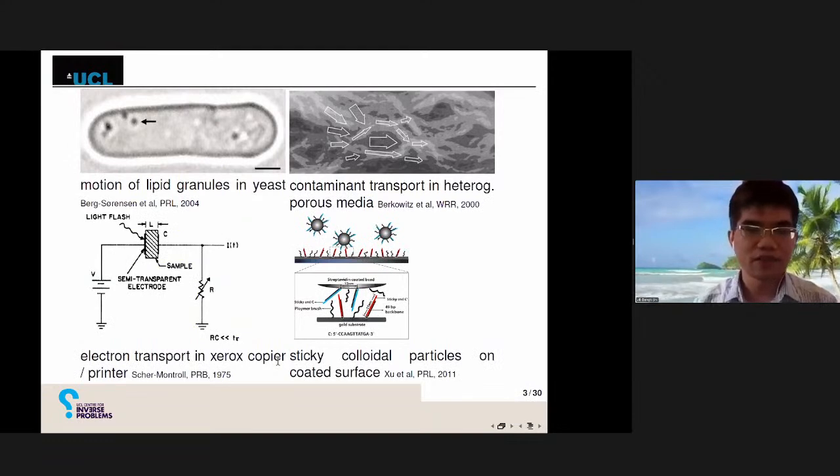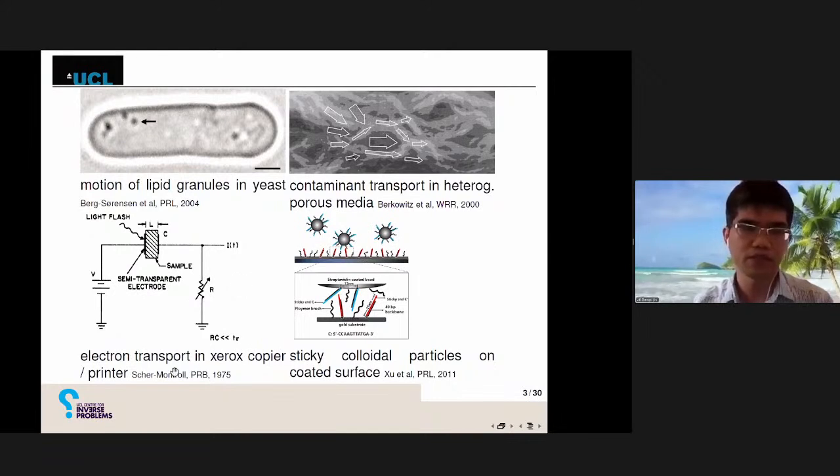Actually, I do not need to show the slides because everyone here knows that it is now widely accepted that time fractional diffusion models are very useful for anomalous diffusion processes. There are quite many applications, and I just give four of them. For example, one of the earliest ones, by Scher and Montroll, is about electron transport in copier.